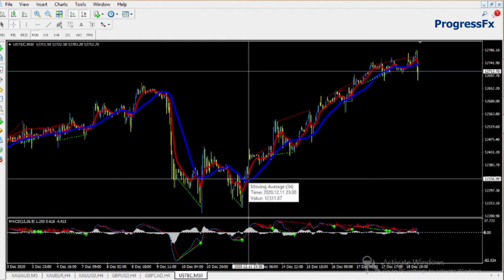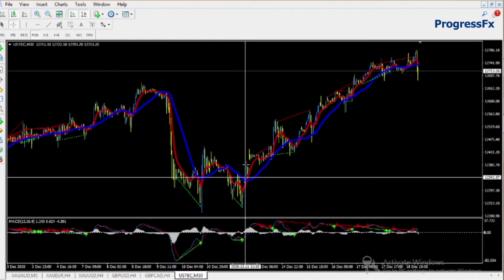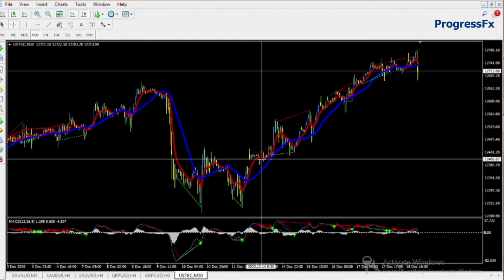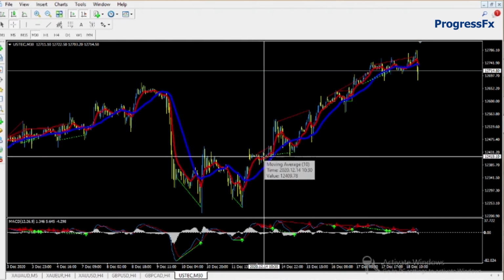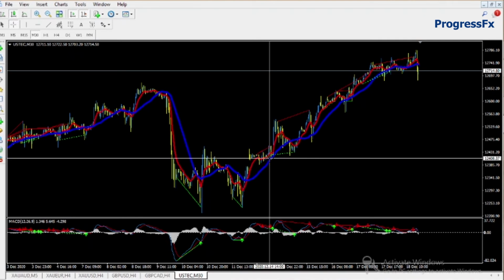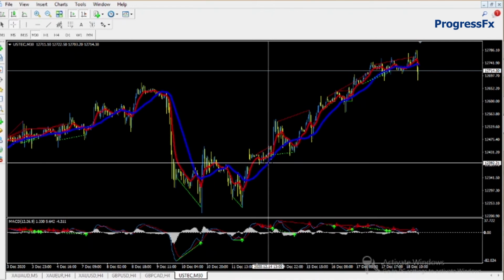So how would you know when to make your entry? I used to say wait for retracement, which you see what happened here. Everything that happened, the market could not go below the 34 moving average.